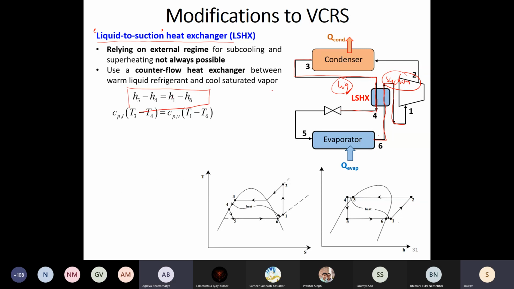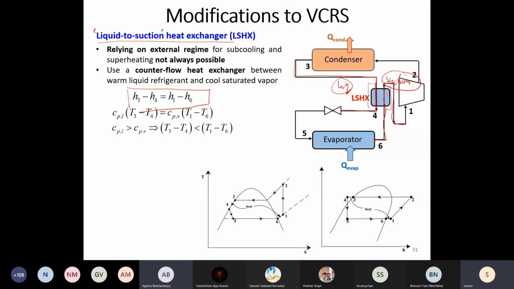Just apply the first law and you will obtain that the enthalpy drop across the liquid line would be equal to the enthalpy gain by the vapor line. And we are able to do so by just internal heat recovery. That's it.